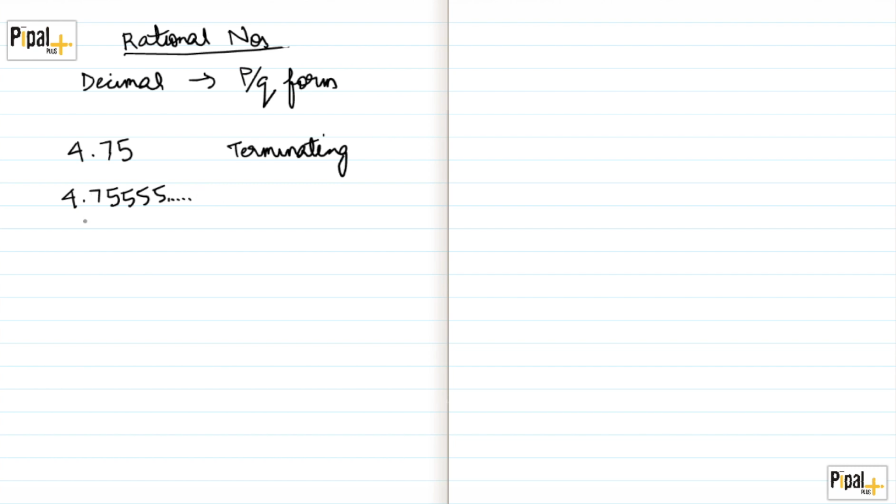So these are also expressed as 4.75 with a bar on top of the digit 5, signifying that 5 is repeated infinitely. Now this is a non-terminating decimal.